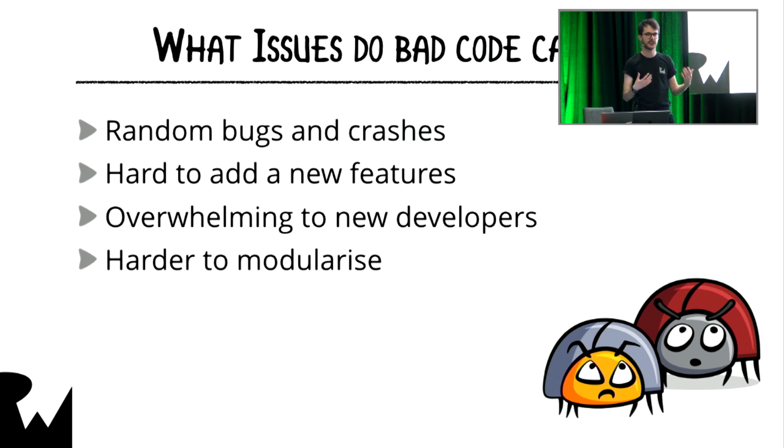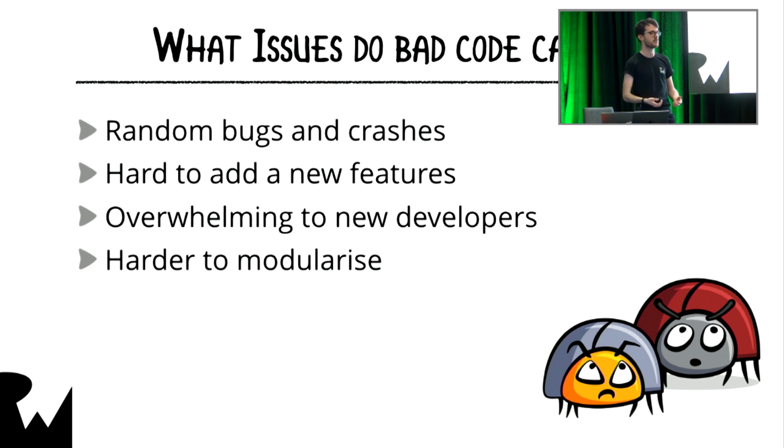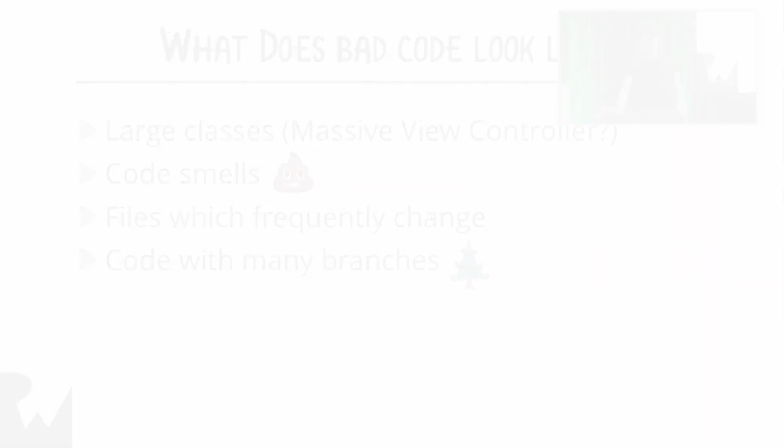So by making the code easier for them at the start, you're going to make them a lot more productive on your code initially, and likely a lot happier in the future. And if you were at Mike Katz's talk earlier about modularizing your app, basically if everything is one big blob, that's going to be harder to split apart than 5 smaller blobs.